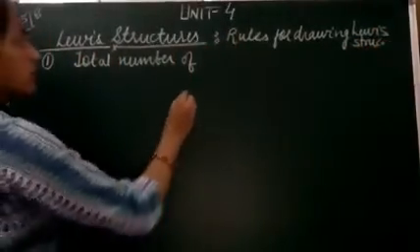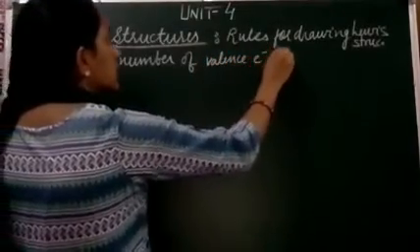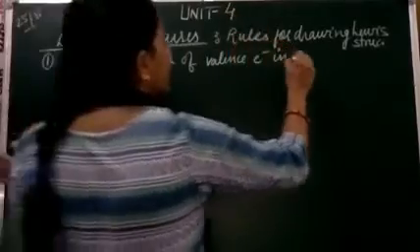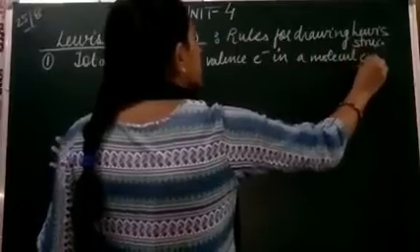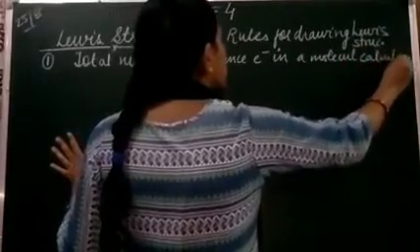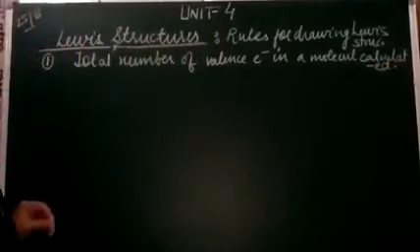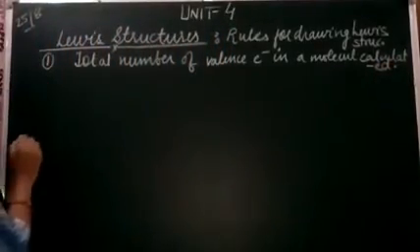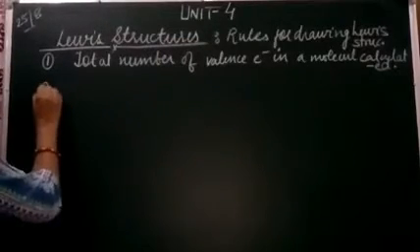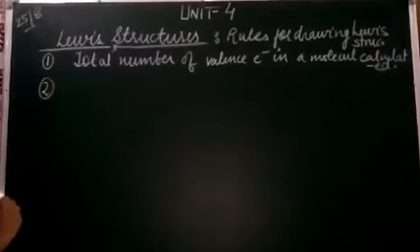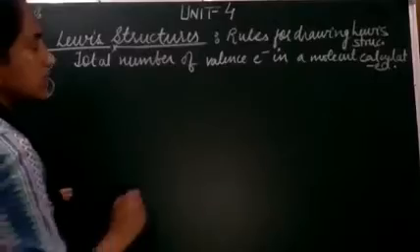The total number of valence electrons in a molecule is calculated. Right? Then the second is okay. Now, let us first write the rule only. Total number of valence electrons in the molecule is being calculated.